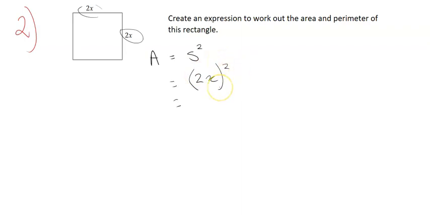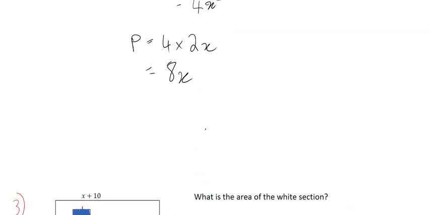You know that you're going to have x to the power of 2 as well. So you'll end up with 4x squared. Okay, so it's 2 times 2, and then x times x. Looking at perimeter, you could do 2x plus 2x plus 2x plus 2x, or 4 multiplied by 2x. 8x is your perimeter. That's it.